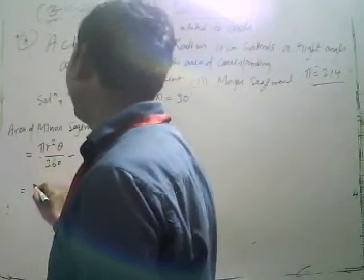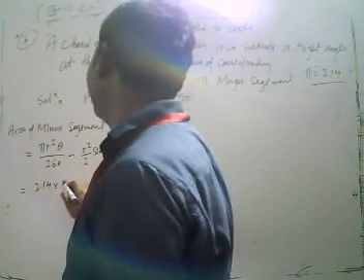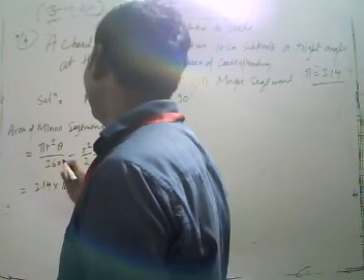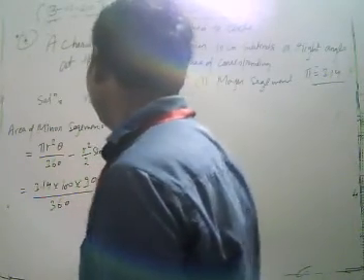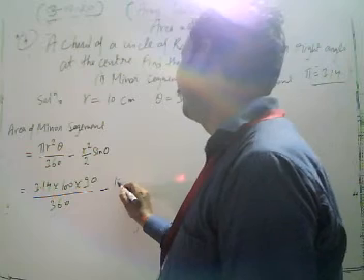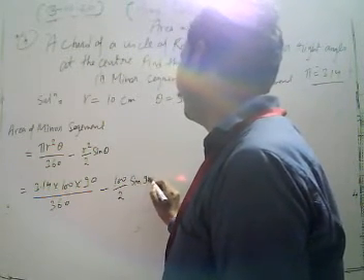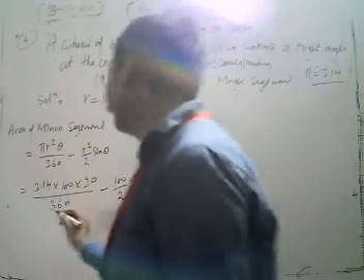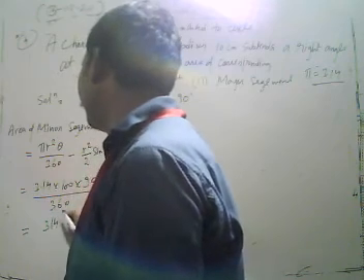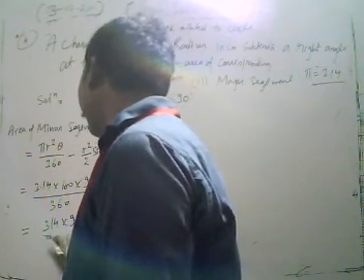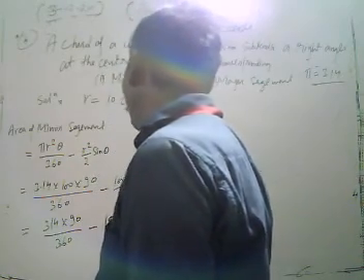Now we take the value of pi as 3.14, r square is 10 square, which is 100, theta is 90 degrees upon 360, then minus 100 by 2 sine of 90 degrees. Sine of 90 is 1. Then we have 3.14 multiplied by 100 into 90 upon 360 minus 100 by 2.